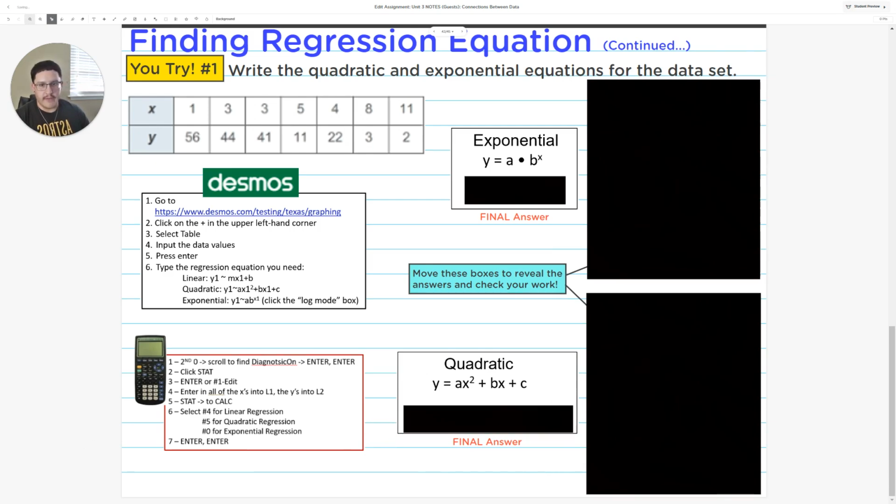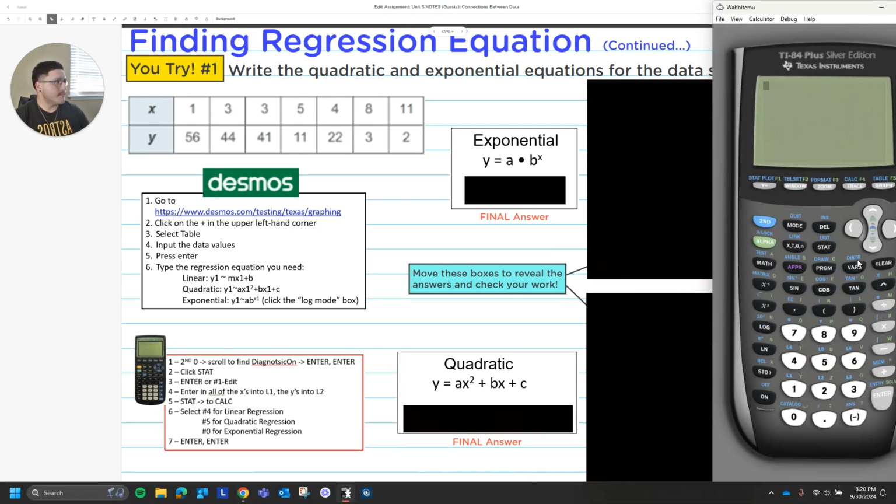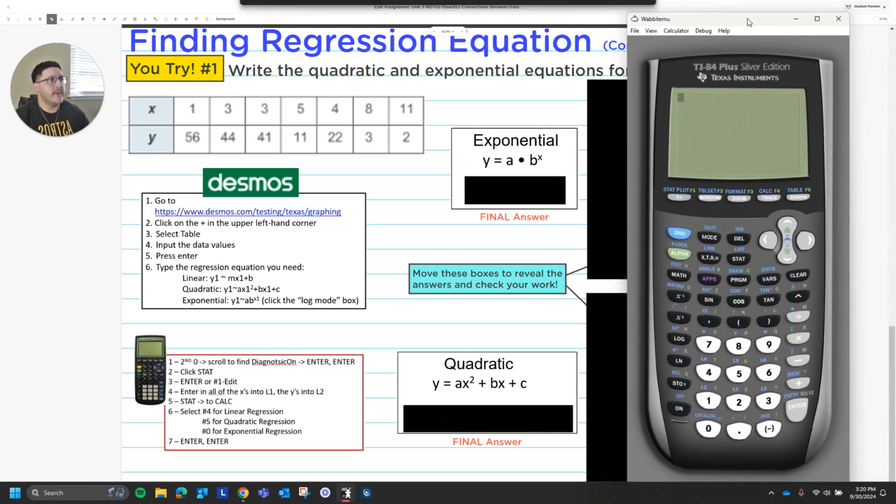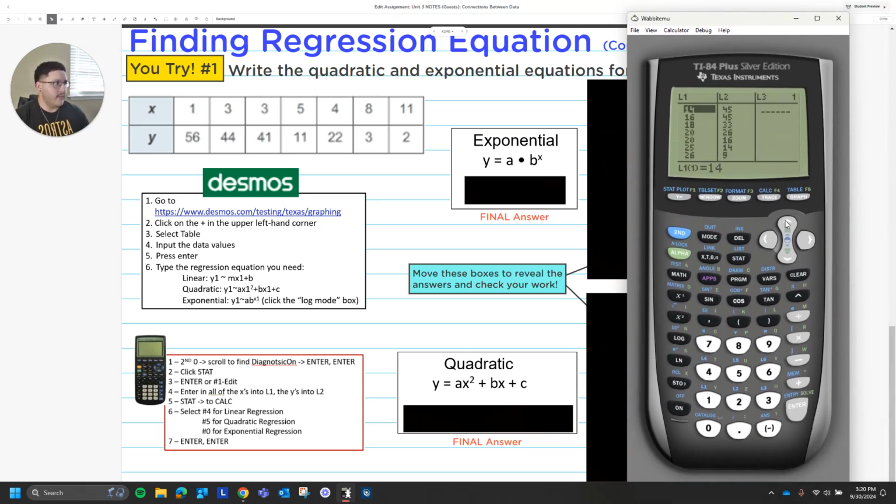Now let's look at TI-84. So to fill everything out with the TI-84, you're going to press Stat, Edit. You're going to clear these out or replace them. L1 should be the X value. So we have 1, 3, 3, 5, 4, 8, and then 11.